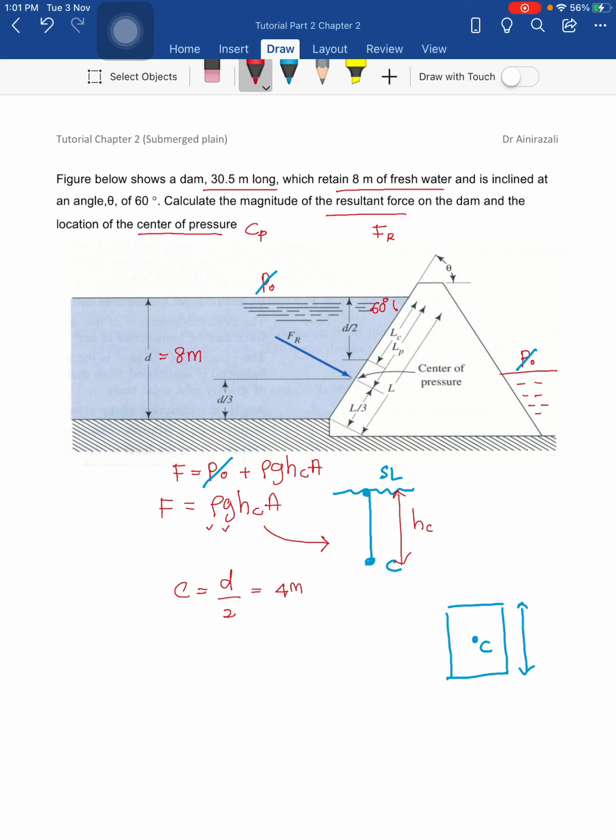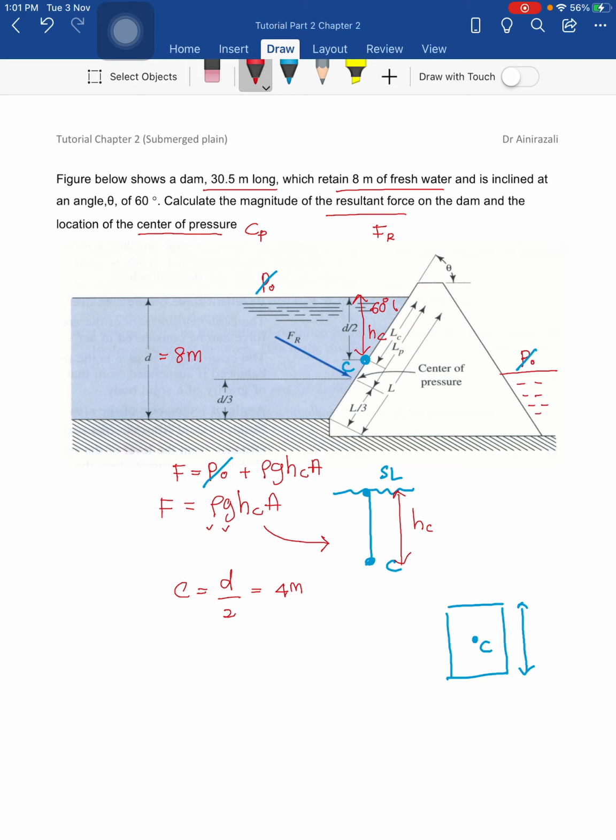This is your center of the object, and HC is from the center to the liquid surface. So HC becomes 4 meter, and we can settle HC.